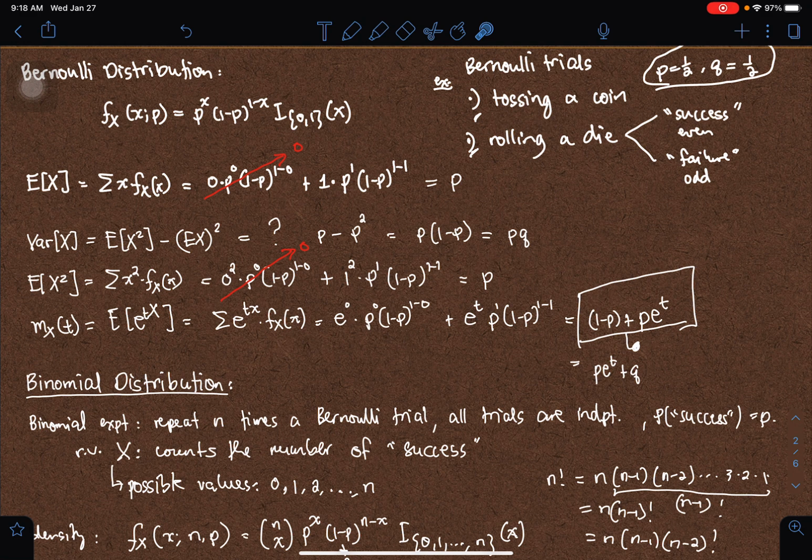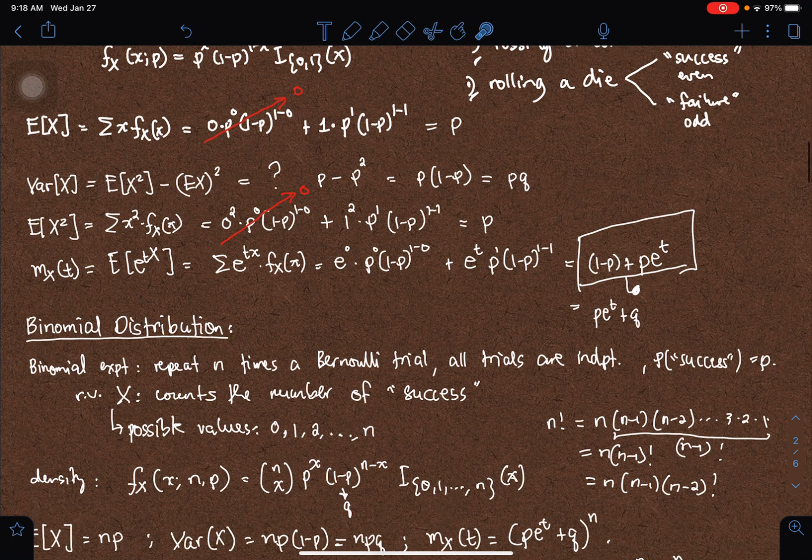Now for the moment generating function, we have the sum of e to the tx times its corresponding probability. So when x is 0, we'll have e to the 0 times p to the 0 times 1 minus p to the 1 minus 0, plus e to the t, that's when x is 1, times p to the 1 times 1 minus p to the 1 minus 1, and that will be 1 minus p plus p times e to the t.